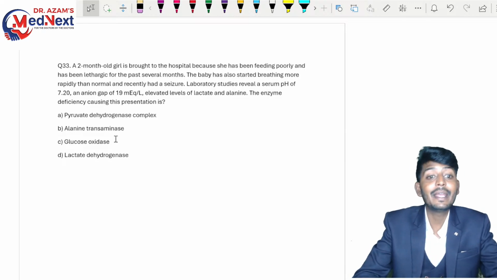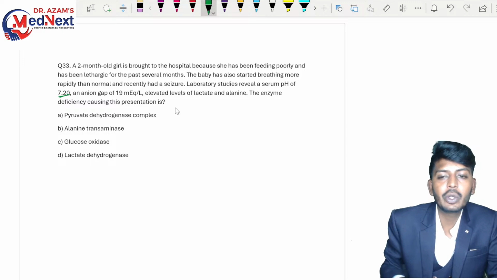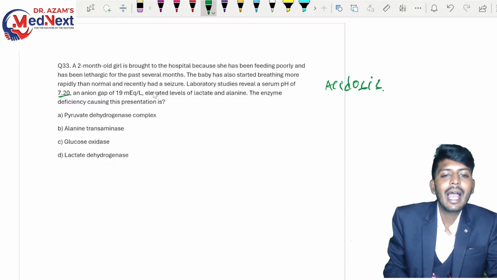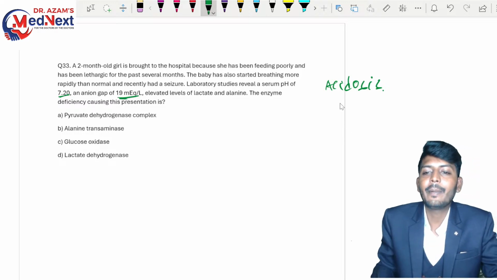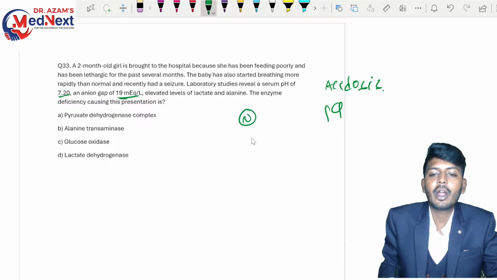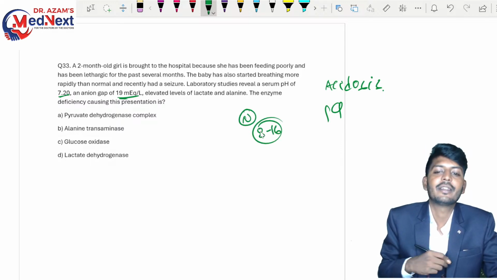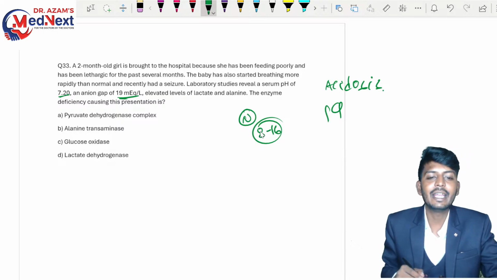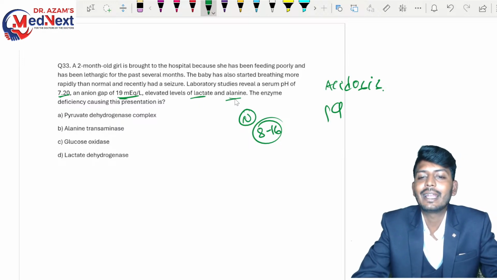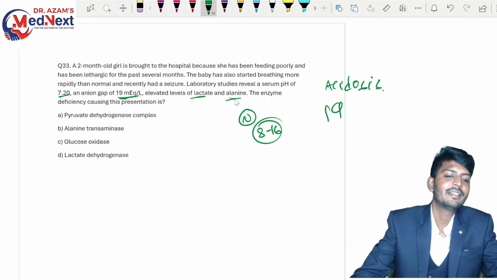Laboratory studies reveal a pH of 7.20, so there is acidosis, and an anion gap of 19 milliequivalents. Normal anion gap can vary from 16 to 18 milliequivalents. Elevated levels of lactate and alanine. Which enzyme deficiency causes it?